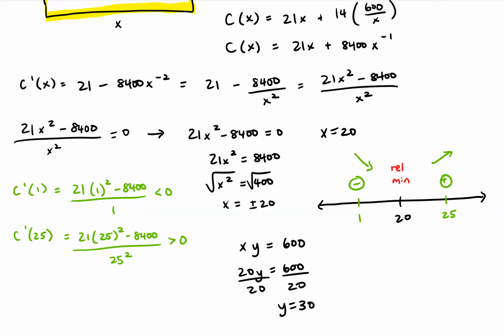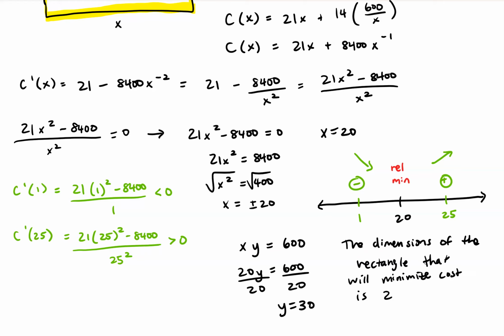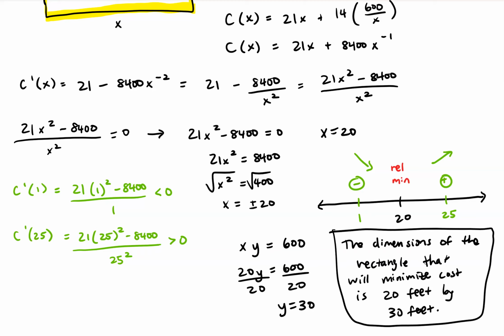And these are both in feet. So the dimensions of the rectangle that will minimize cost is 20 feet by 30 feet. And that is our final answer for this example.